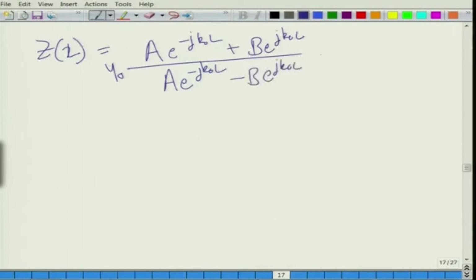So, we use the complex exponential. e^(jθ) is nothing but cos θ plus j sin θ, the Euler formula.